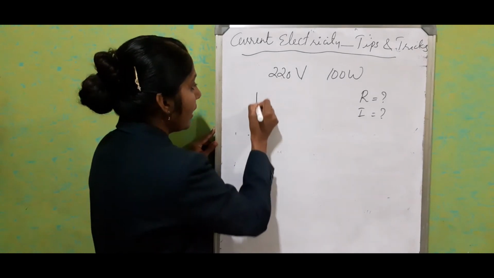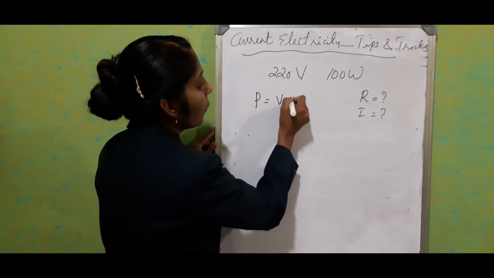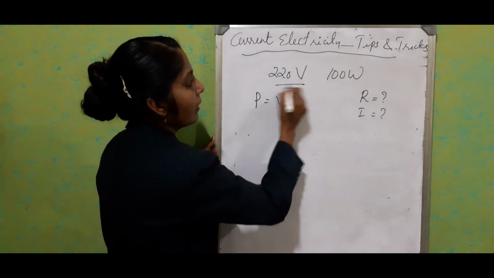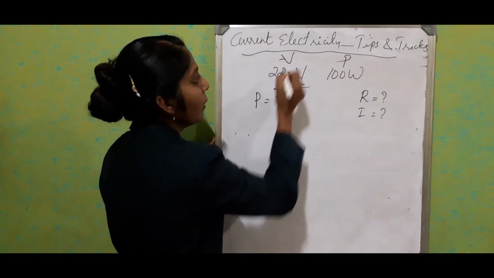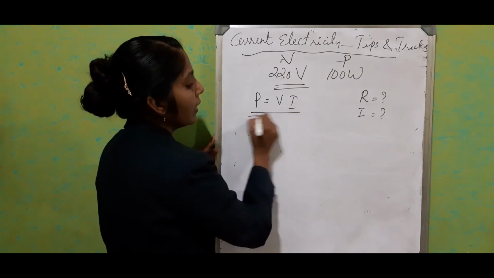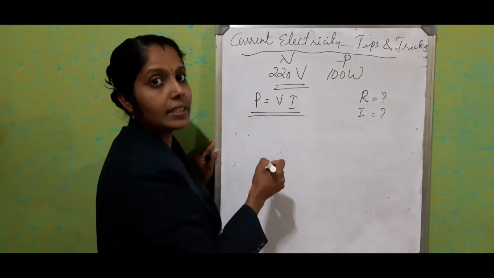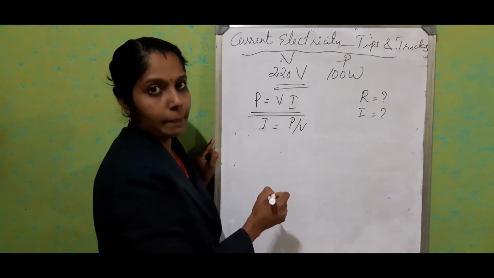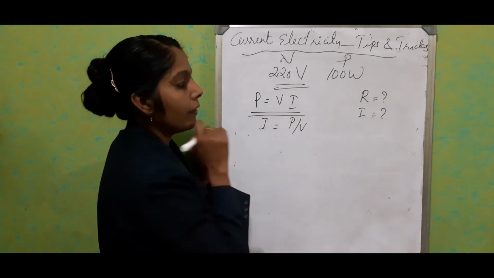So we studied the equation P is equal to V into I. Power is given, voltage is given. So by using this equation, we can find out the safe current. I is equal to P by V. Then how can we find out the resistance?